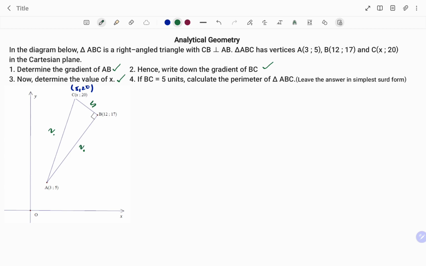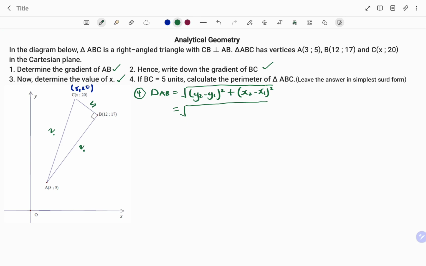To do that, I'm going to start by finding the distance AB, using the distance formula. The distance formula for AB is equal to the square root of y2 minus y1 all squared plus x2 minus x1 all squared. If I slot in the parameters, I have root of y2.